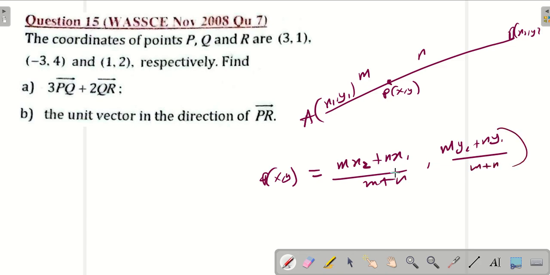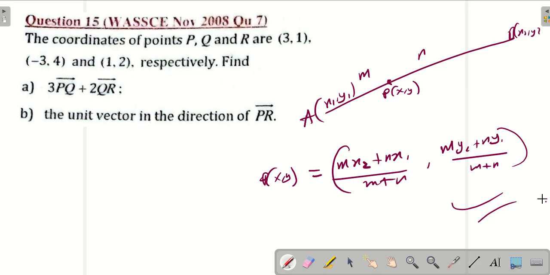Do you remember this? Simple. That's how to find the coordinates of the point of division, not the midpoint.